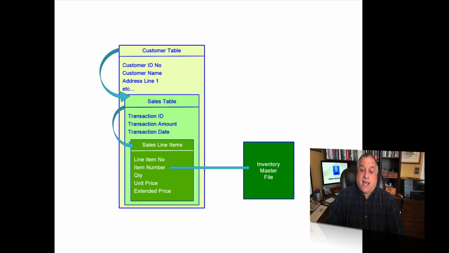The other two tables, the sales table and the line item table, are transactional tables. These represent events that exist because a customer, because an entity in this master table, purchased an item, which is an entity in this second master table.